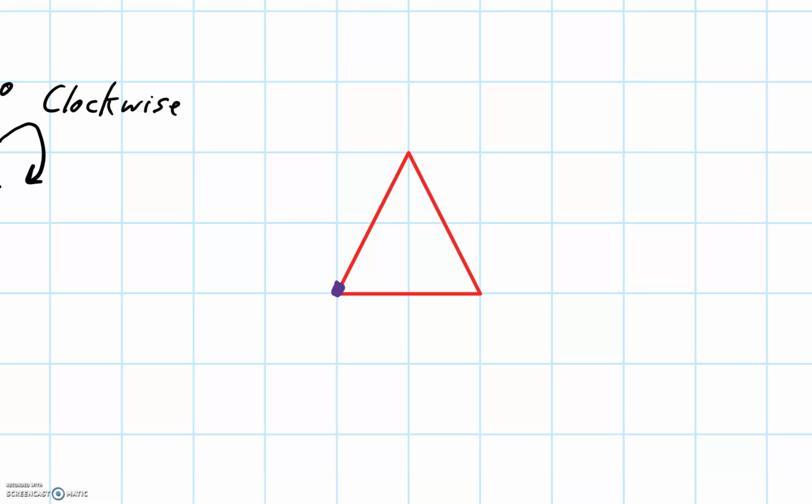So the purple will stay in the same spot because that's on that corner. But this point here is moving 90 degrees. So it's going to go 90 degrees to the right. It's going to be over here. Oh no, it's over here, I think. Let me just make sense of this in my head. Yep.